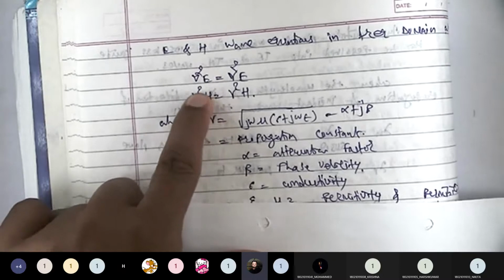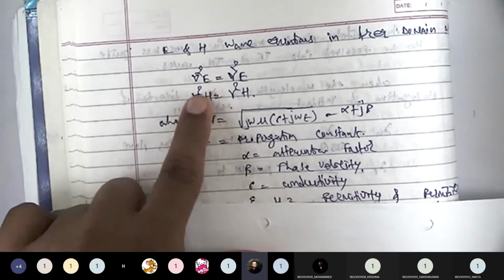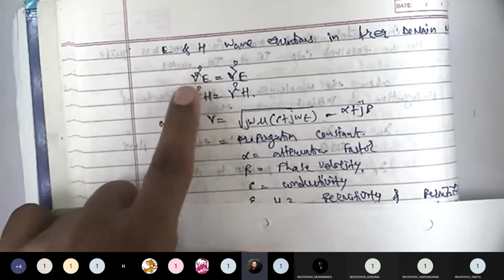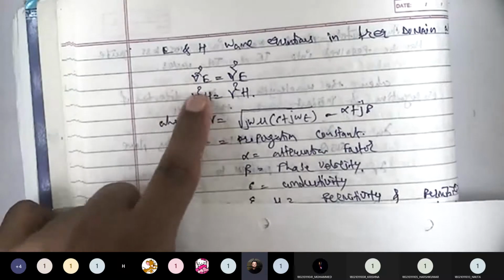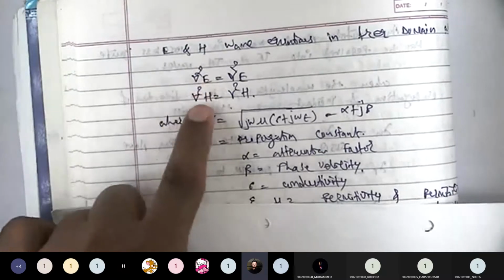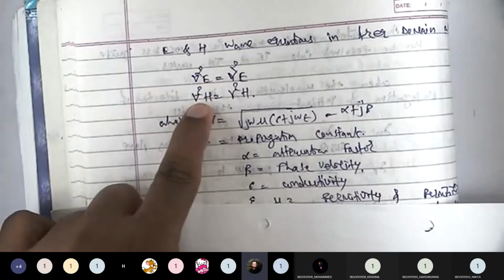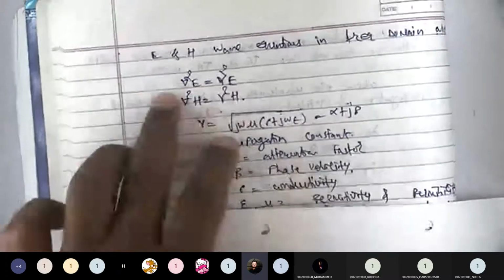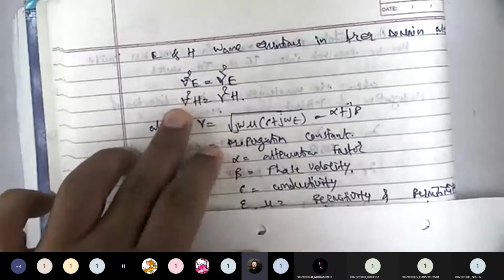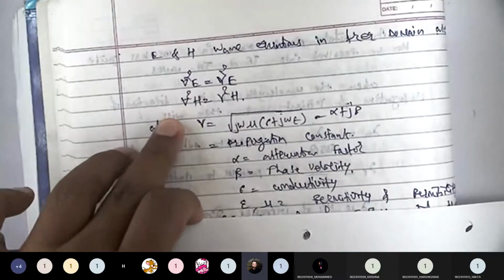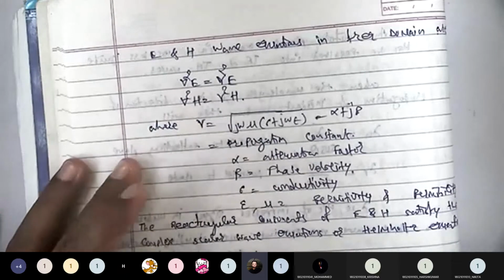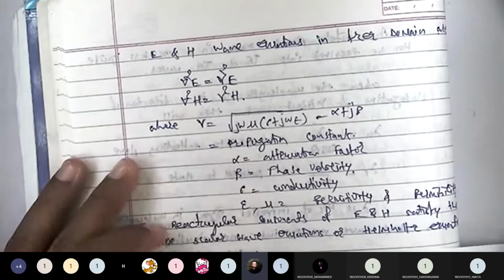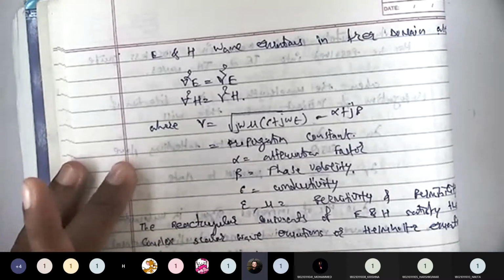I think all of you are aware that in our uniform plane wave case, we found the solution of this type of equation. The same way here also we have to find the solution of this wave equation, but in a rectangular waveguide.